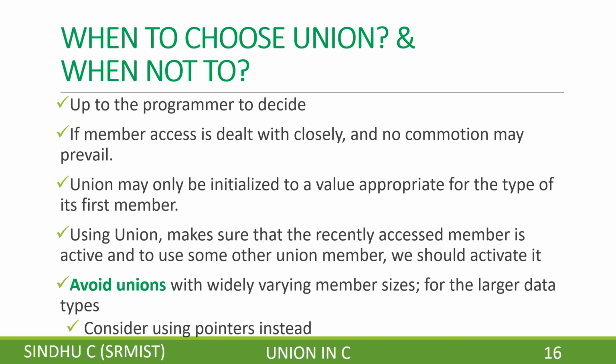Then using union, it makes sure that the recently accessed member is active, and to use some other union member, we should activate it. So if all these three can be satisfied, then you can go for union. And we should avoid union with widely varying member sizes for the larger data types. So in those cases, you can consider using pointers instead.